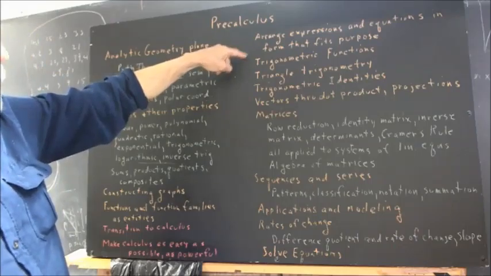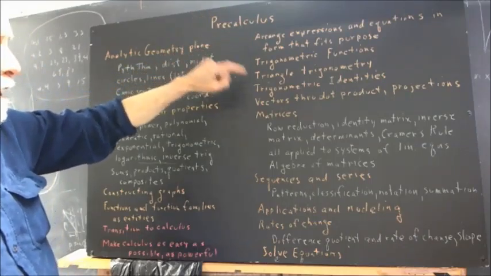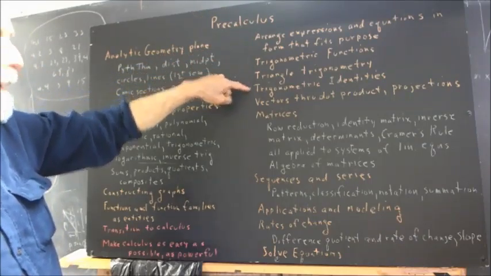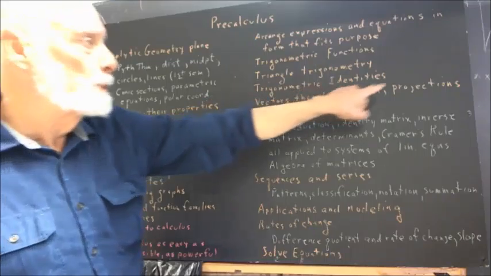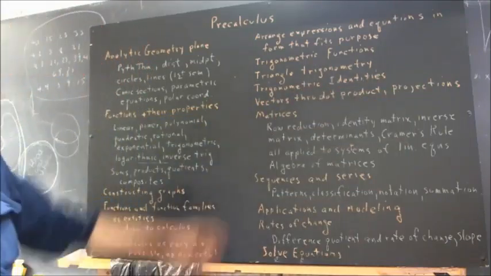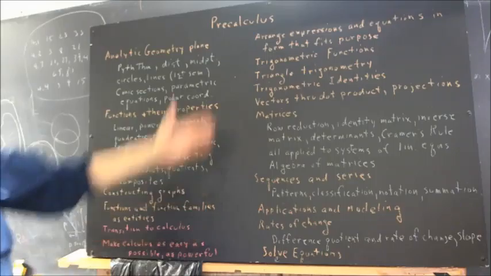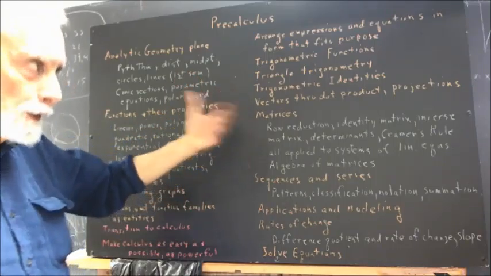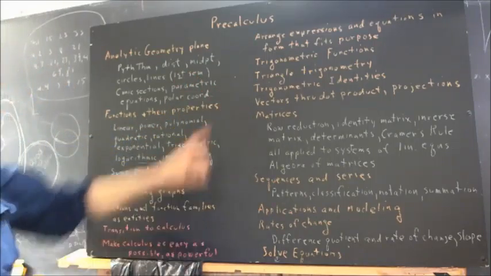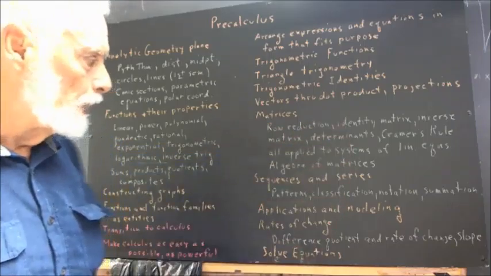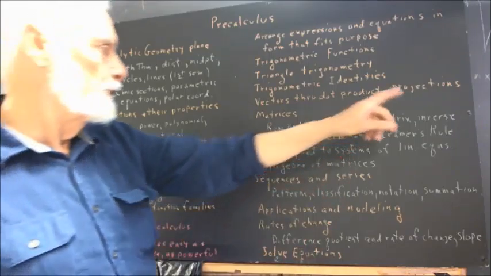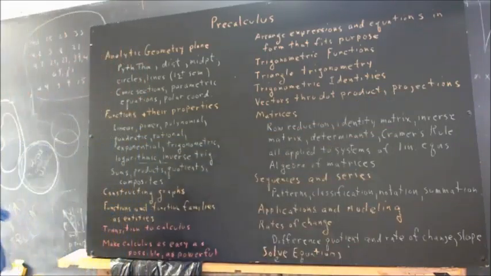Then we have trigonometric functions, triangle trigonometry, trigonometric identities, vectors through dot products and projections, matrices, mostly centered around solutions of systems of equations, but getting into very basic matrix algebra with identities, inverse matrices, and so forth.